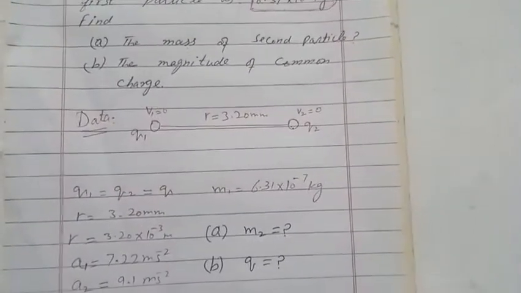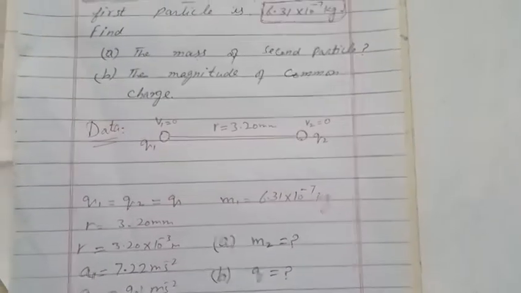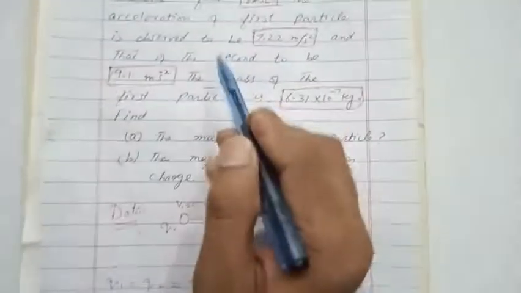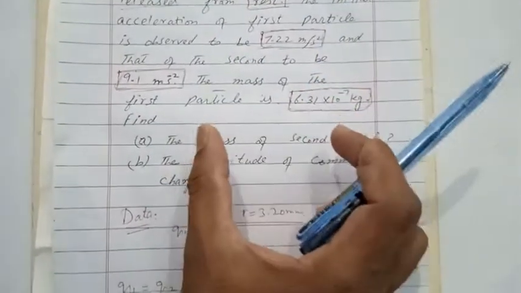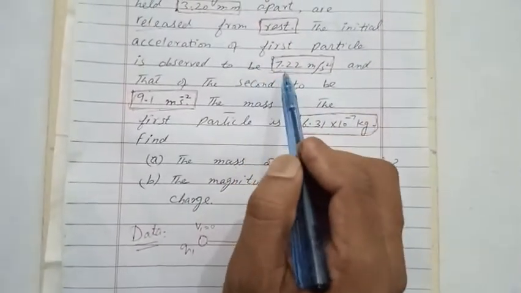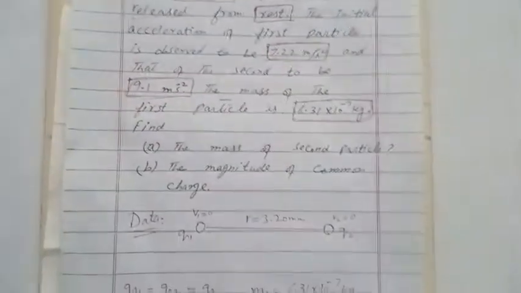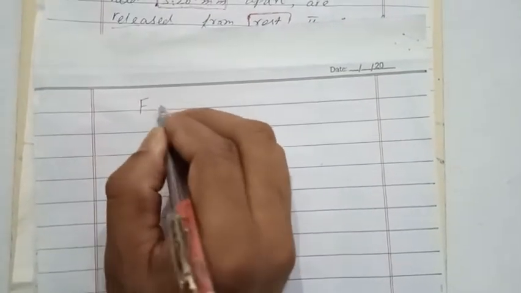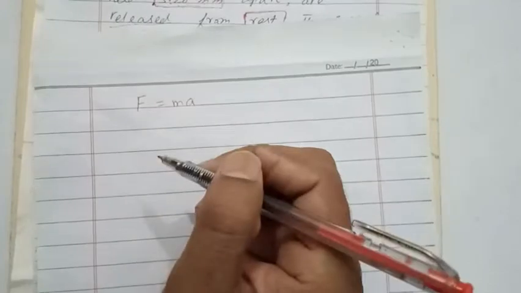So now we solve it. As stated in this statement, initially both particles are at rest, and when released the first particle moves with acceleration 7.22. We know that according to Newton's second law, when a force acts on a particle it moves with acceleration, and the mathematical formula is given as F is equal to ma.